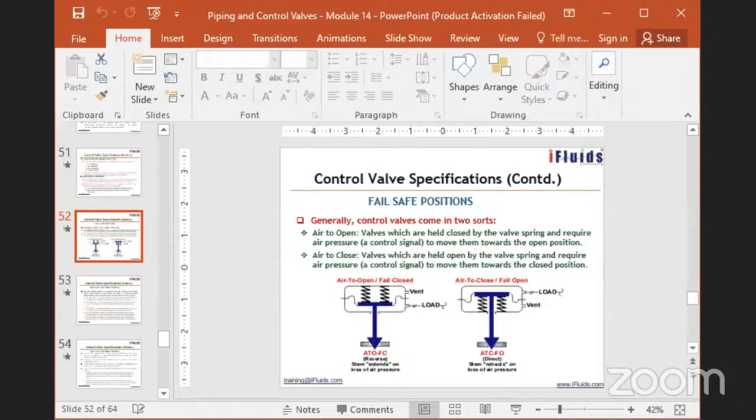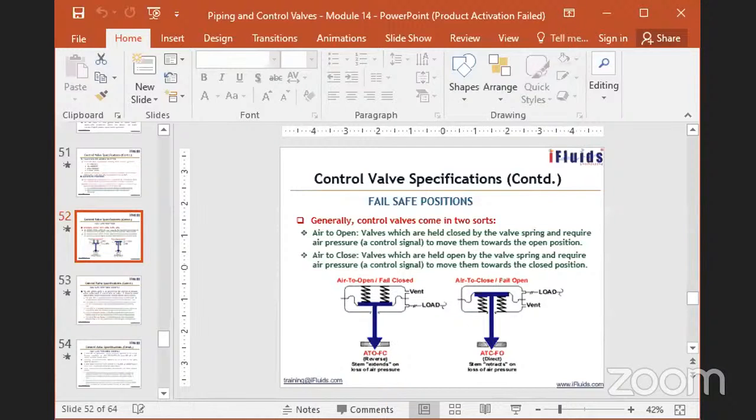So solenoid valves regulate the air flow into the control valve diaphragm. It will be attached to the actuator. Depending upon the signal, the solenoid valve allows the instrument air to flow to the diaphragm of the actuator of the control valve. Yes, I answered both.